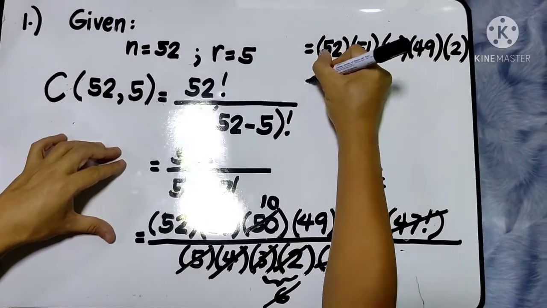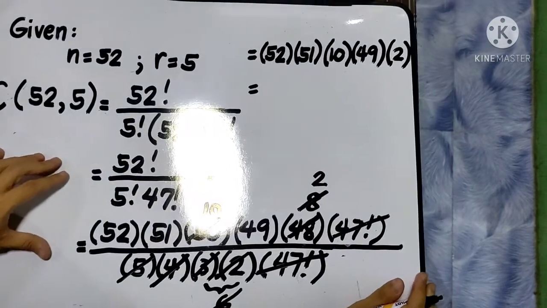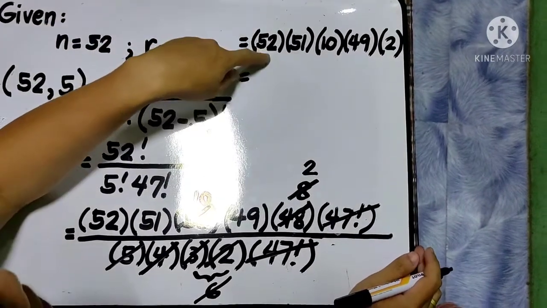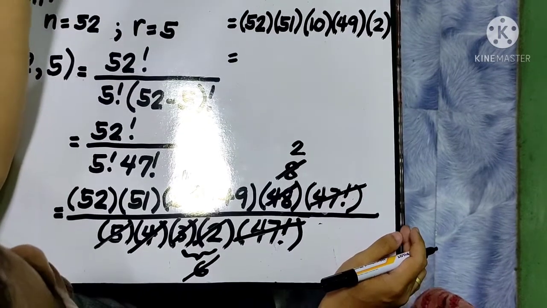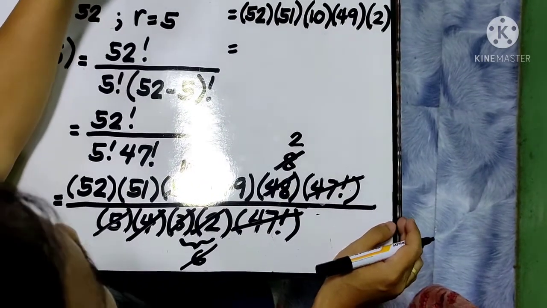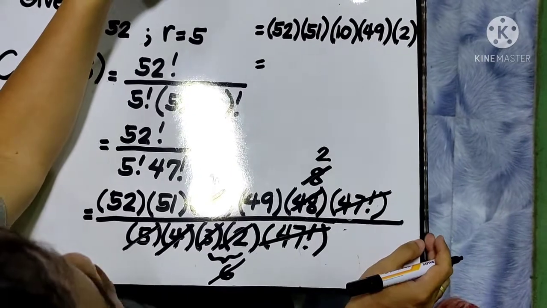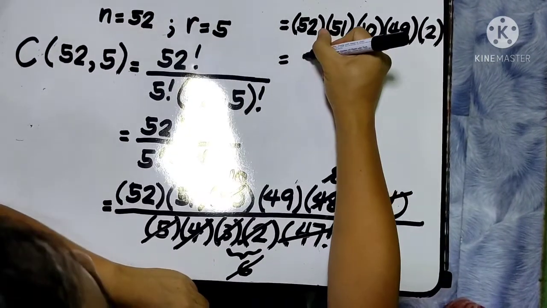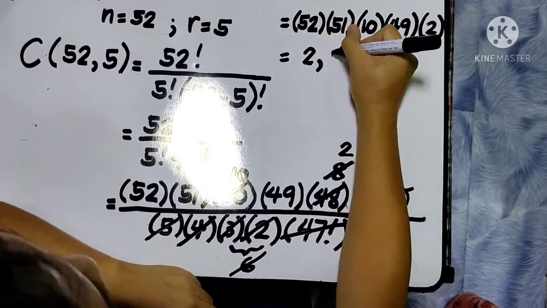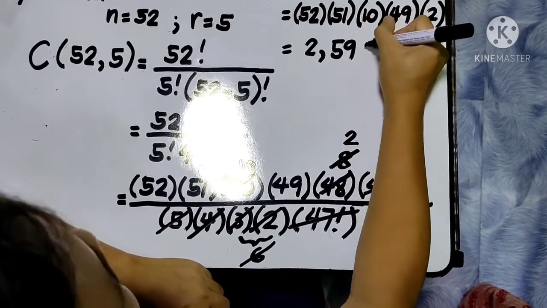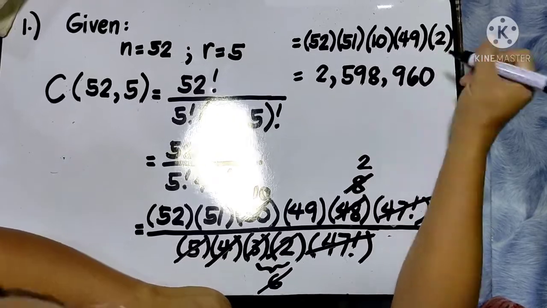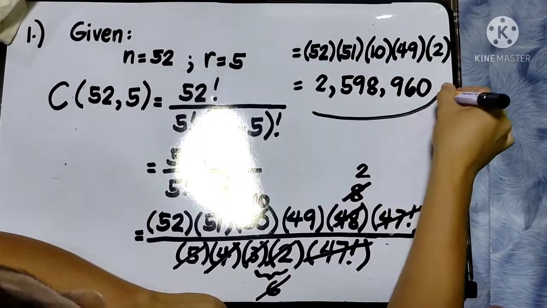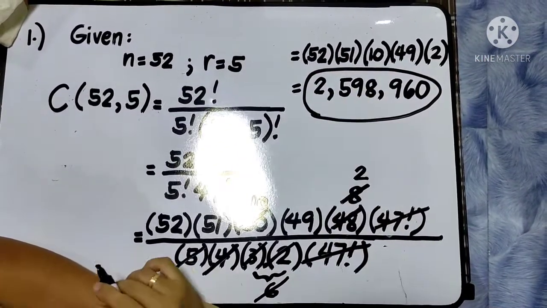So all you have to do is just multiply the remaining factors of the numerator: 52 times 51 times 10 times 49 times 2. And that will give you 2,598,960.